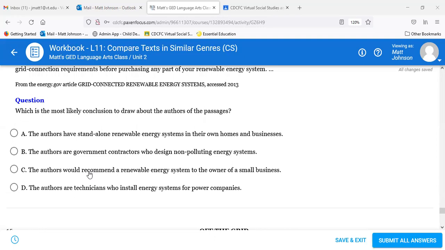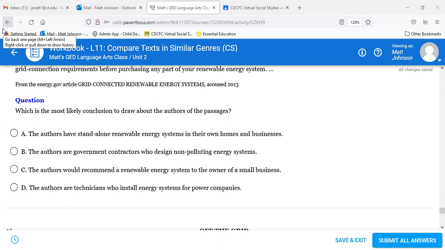B, the authors are government contractors who design non-polluting energy systems. C, the authors will recommend a renewable energy system to the owner of a small business. And D, the authors are technicians who install energy systems for power companies.